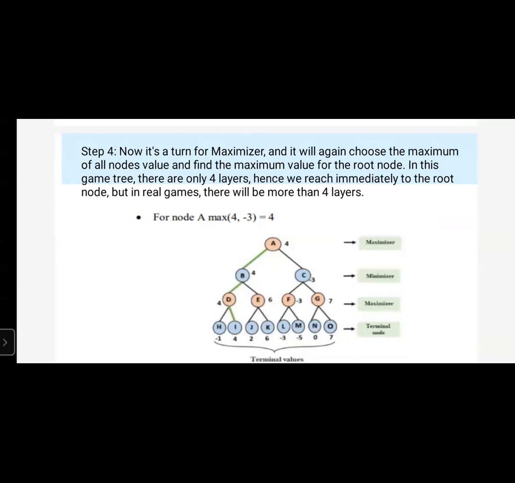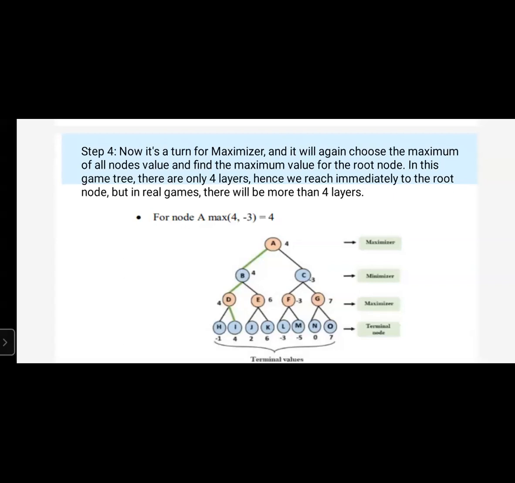In this game tree, there are only 4 layers, hence we reach the root node immediately, but in real games, there will be more than 4 layers.